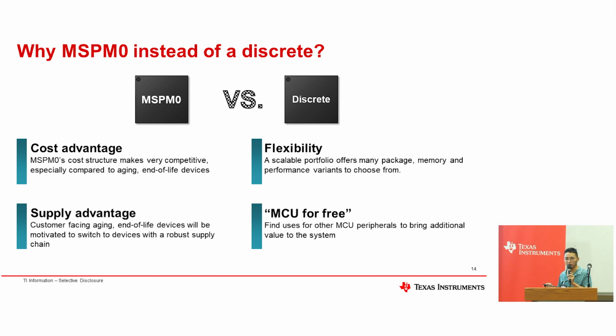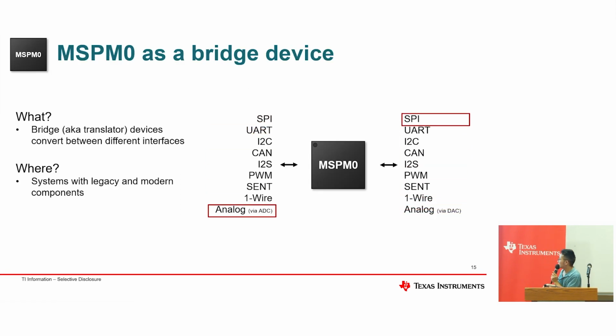You can use them to create new functions in your application, which is not provided by discrete components. Here's a very simple example of using our device as a bridge device. You can convert UART, or SPI, to UART, I2C, CAN interface or analog signals, and you can also use it the other way around.